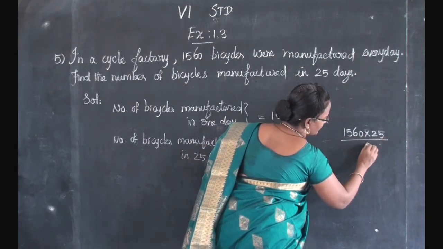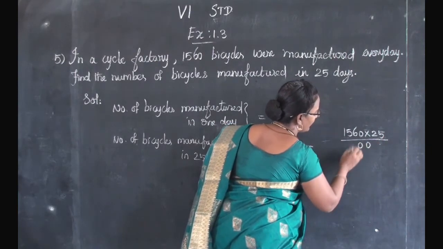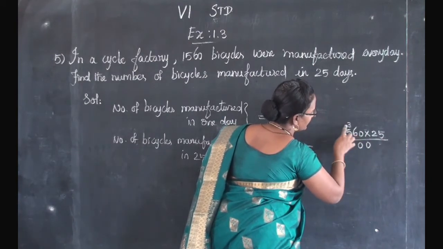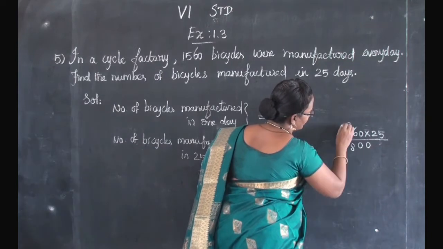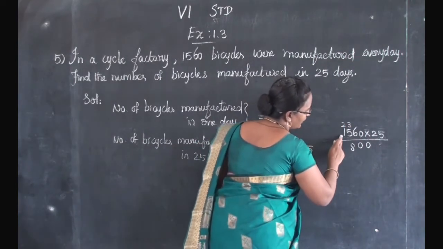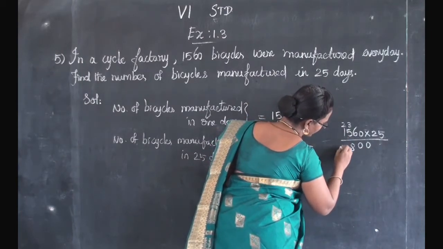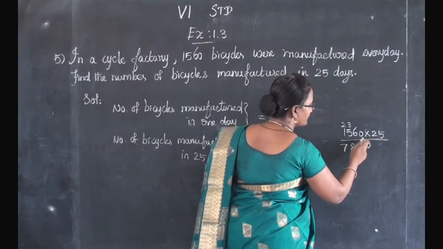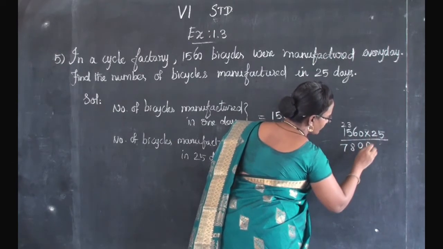0 into 5, 0. 6 fives are 30. So 0 here and carry over 3. 5 fives are 25 plus 3, we get 28. Put 8 here and carry over 2. 1 five is 5 plus 2, 7. And multiply with 2 now. 0 into 2, 0. 6 twos are 12.